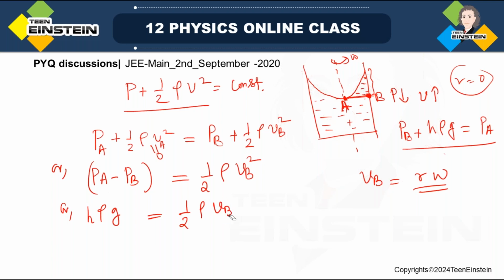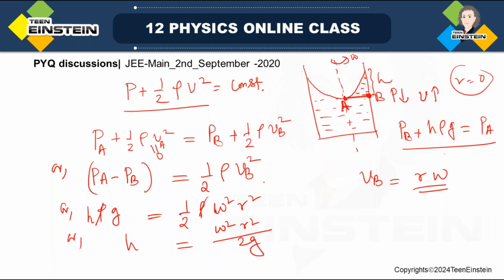VB square I'll put as omega square R square, and rho I can strike out. So I will get H, that is the height, is equal to omega square R square divided by 2G. This will be the rise in height with respect to point A.